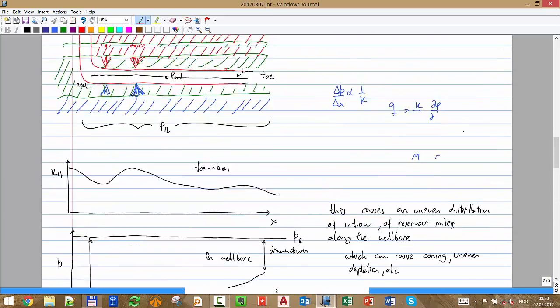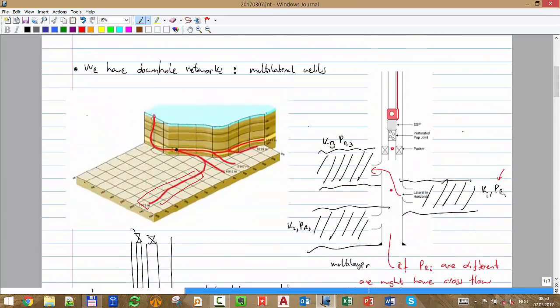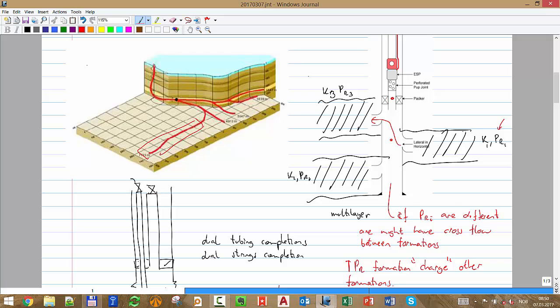So what happens if we go now back to that case? How do we control what comes from each formation? Let's say that the formations are very different from each other, and if we don't put anything, these two formations will never produce, and that one will be producing all the time. So how do we control or give this handicap to this one and promote the other two?